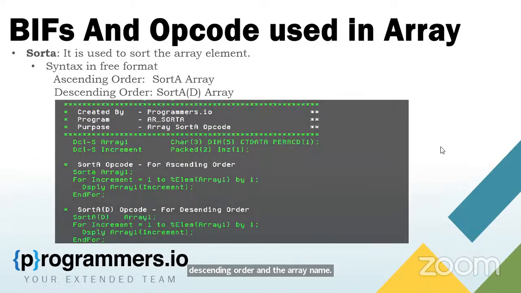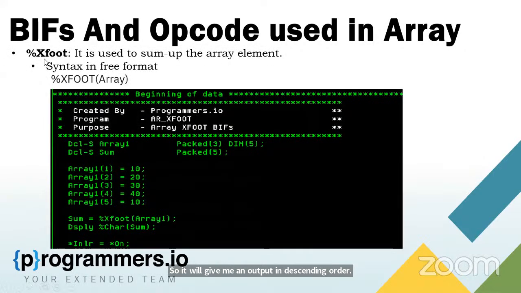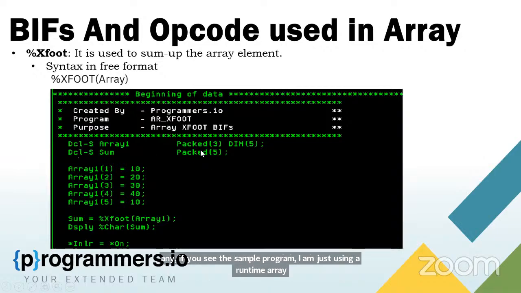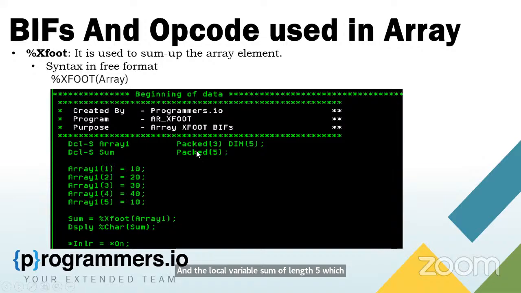Next, I will be using %XFOOT, which is used to sum up the array elements. The syntax is %XFOOT and then the array name. In the sample program, I'm using a runtime array and a local variable sum of length 5, which will return the sum of all the values.